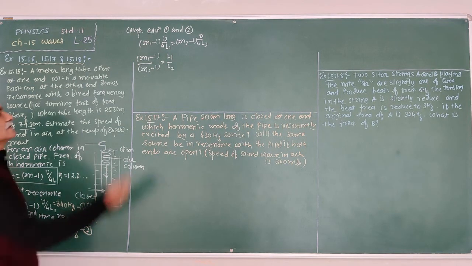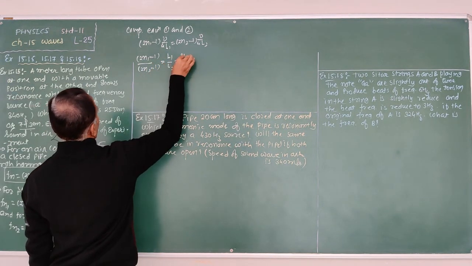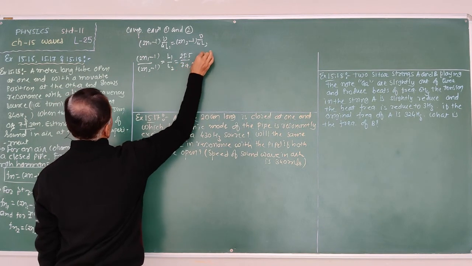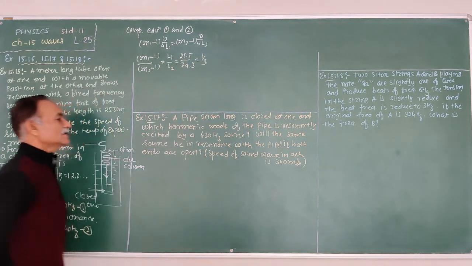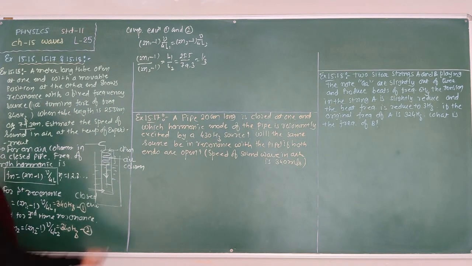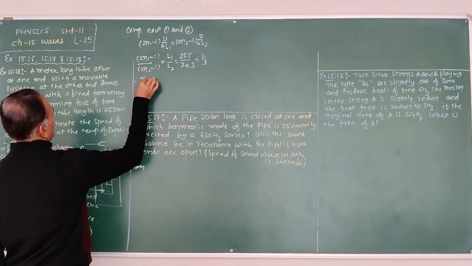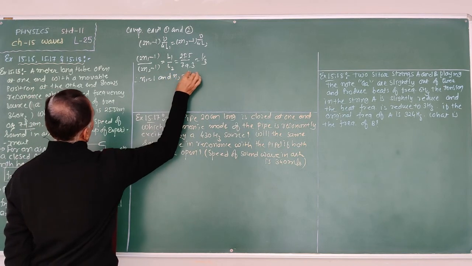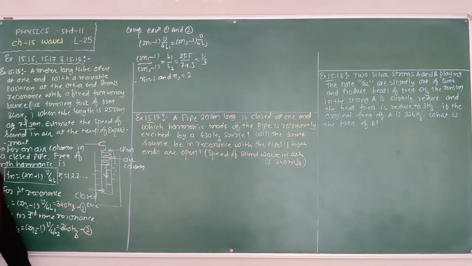That means the ratio is 1 by 3. Thus we obtain n1 is equal to 1 and n2 is equal to 2.